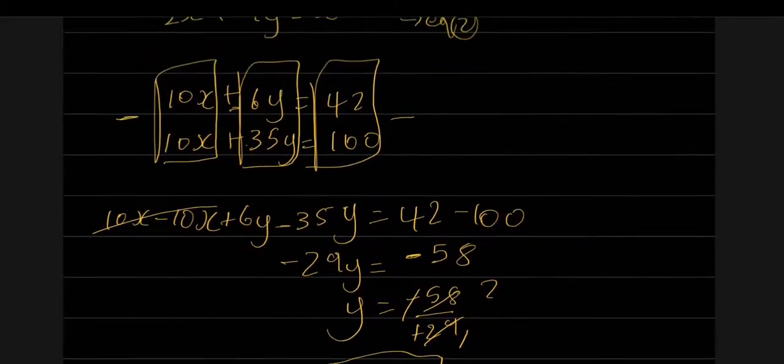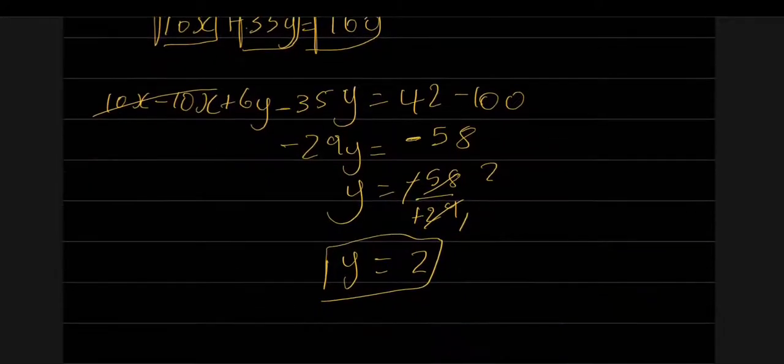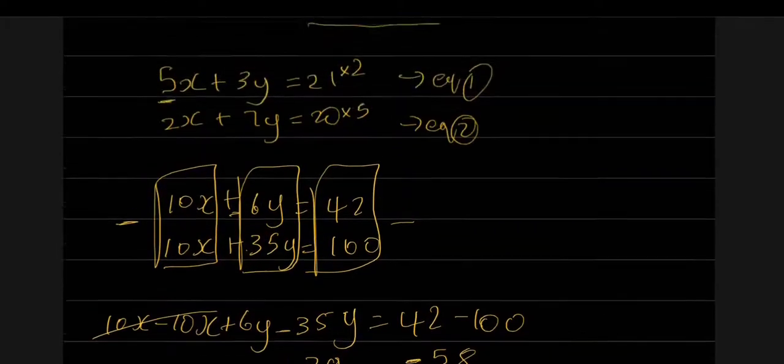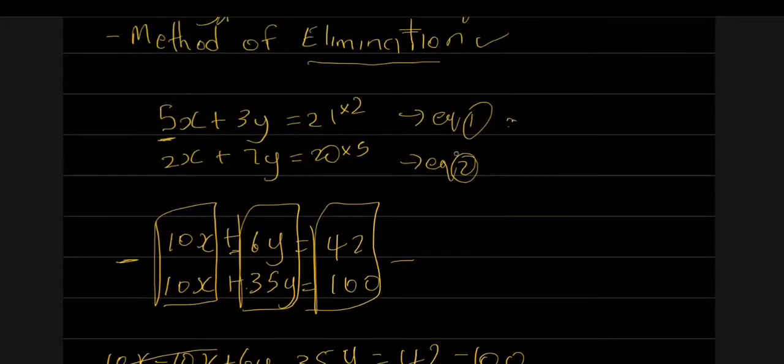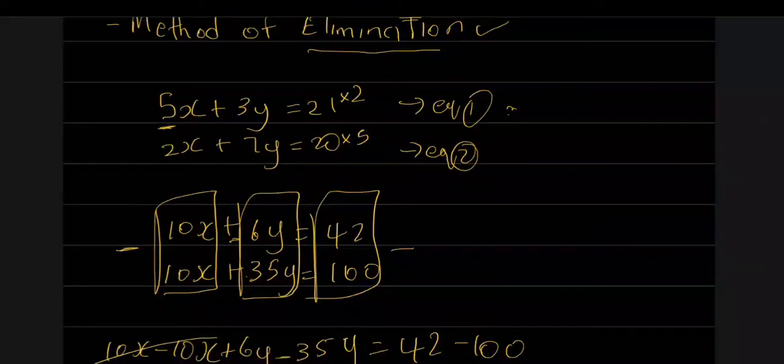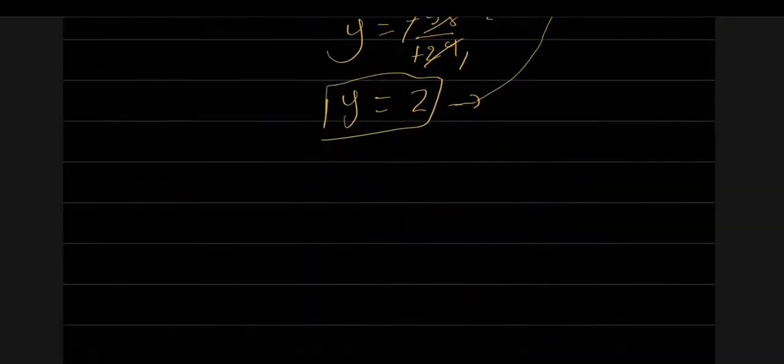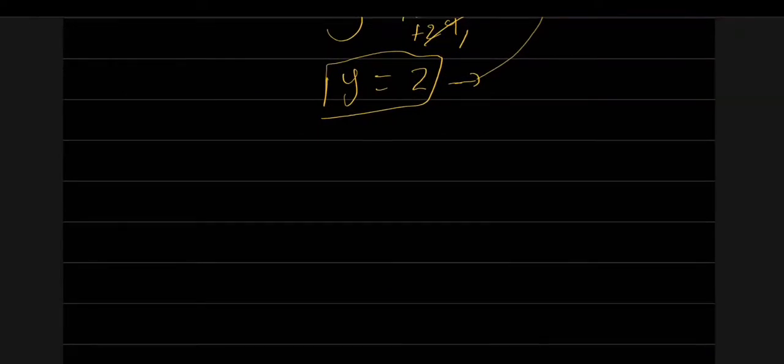But as you can see, we wanted to solve for both y and x. So we can take this value of y and substitute it into either equation 1 or equation 2, and then solve for x to get the corresponding x value. Let's take equation 1, where we had 5x plus 3y is equal to 21.